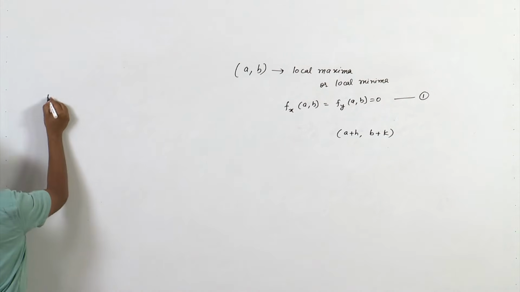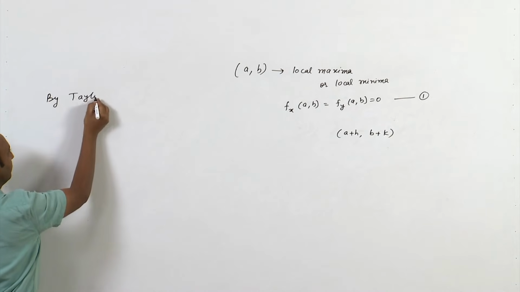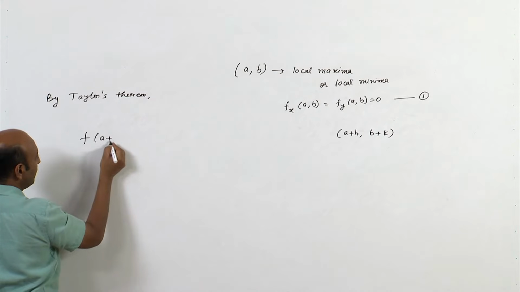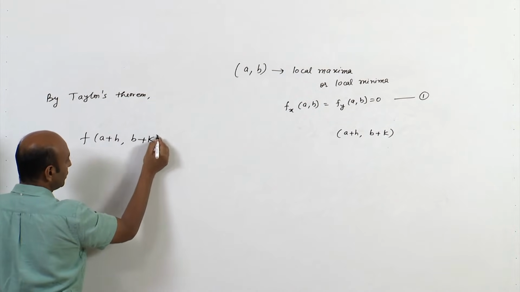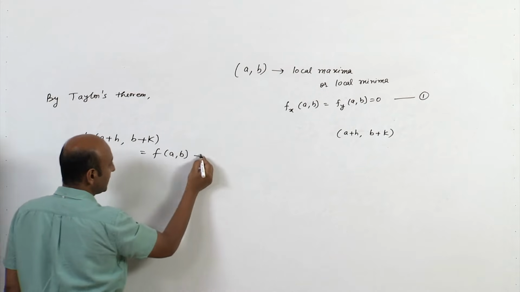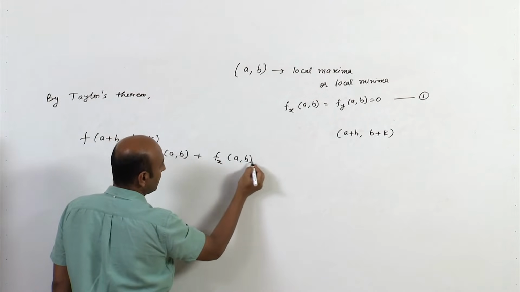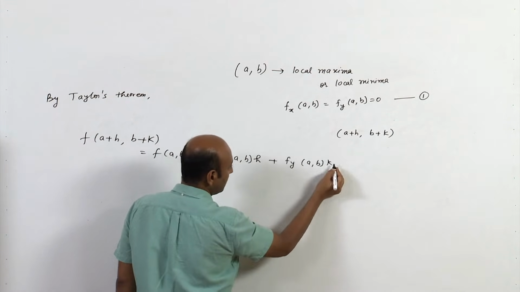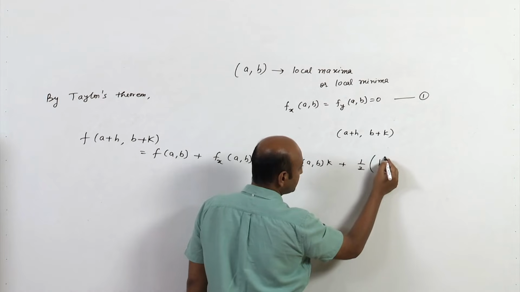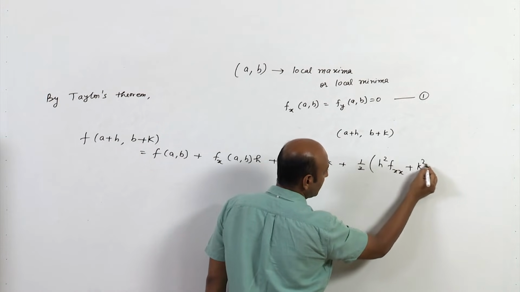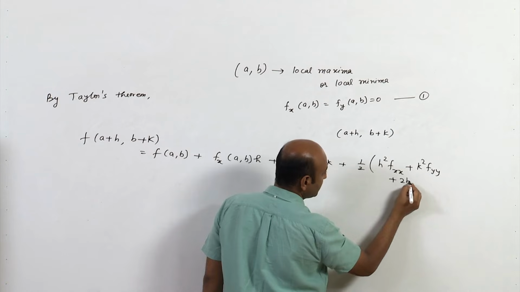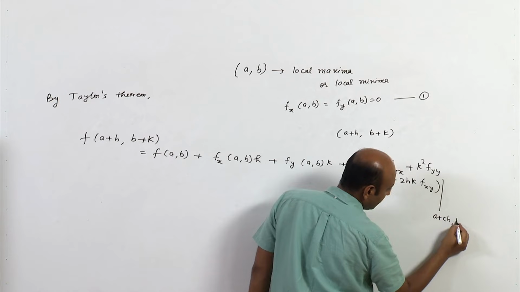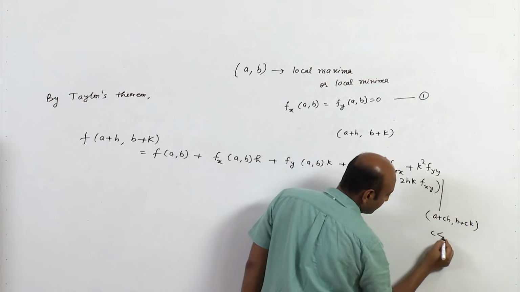Now, by Taylor's theorem for two variable functions, we know that f(a plus h, b plus k) will be equal to f(a, b) plus fx at (a, b) into h plus fy at (a, b) into k plus 1 by 2 [h square fxx plus k square fyy plus 2hk fxy] at (a plus ch, b plus ck), where c lies between 0 and 1.